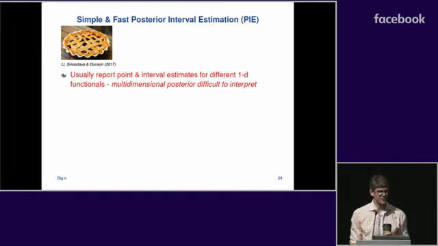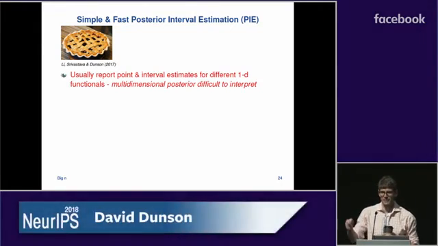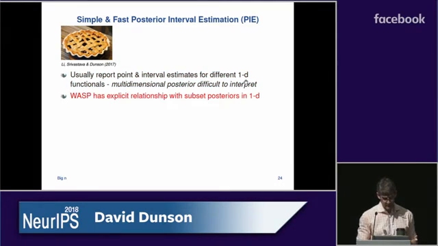The one-dimensional thing might be the probability of a class label, a predictive distribution, a parameter of interest, or a function of the parameters of interest. It's almost always a one-dimensional thing that we report at the end of the day. So we're reporting point and interval estimates for different 1D functionals. Keep that in mind.